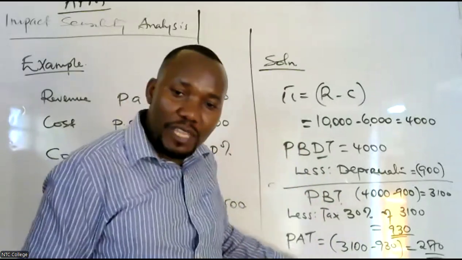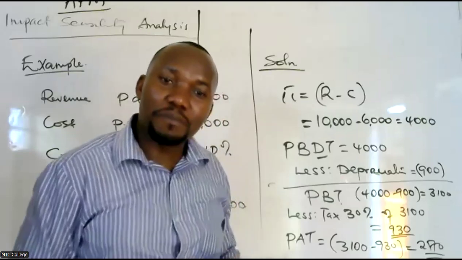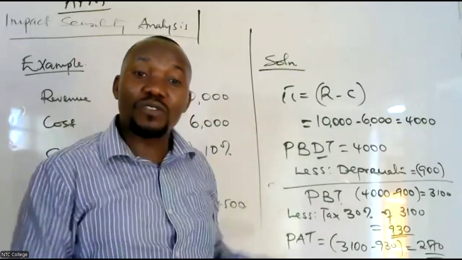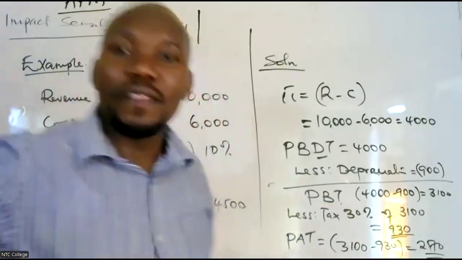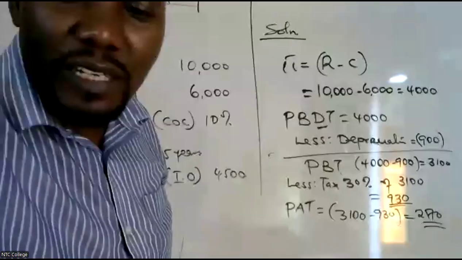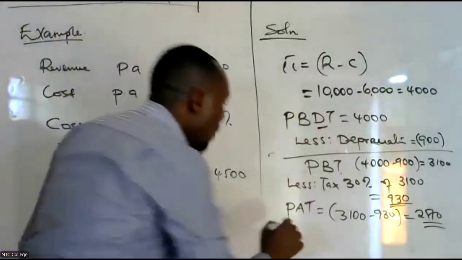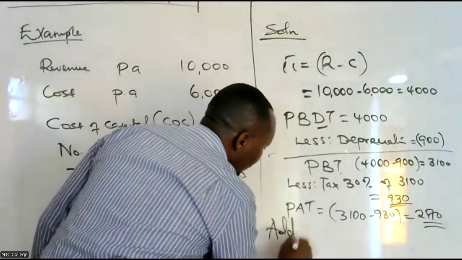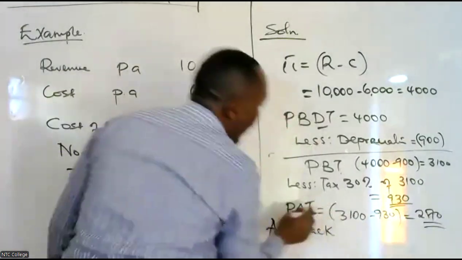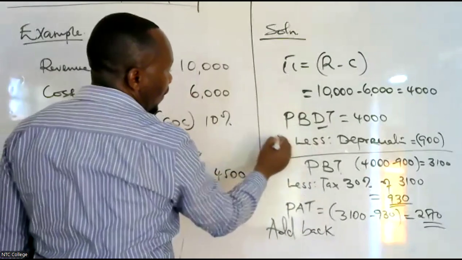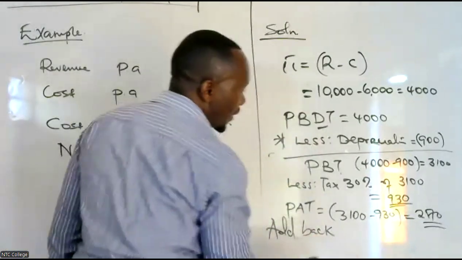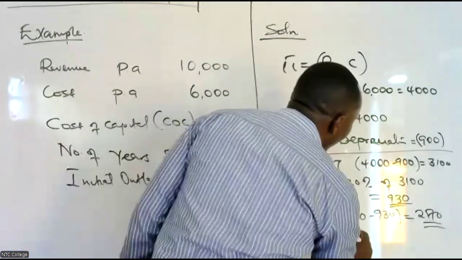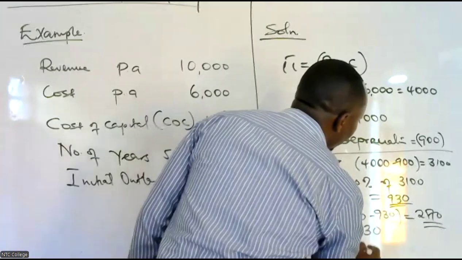So we say up to here, you now add back depreciation to get the actual money that you have in the account. That is now the free cash flow. It is cash flow that has not been spent. So after getting profit after tax, now add back the depreciation that you actually deducted. So you add back depreciation, that is 930.